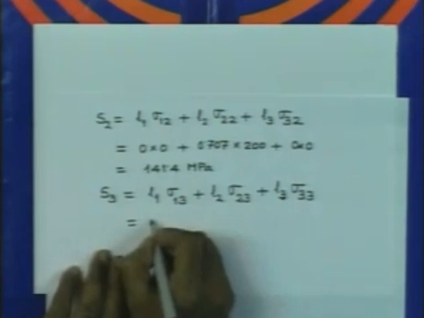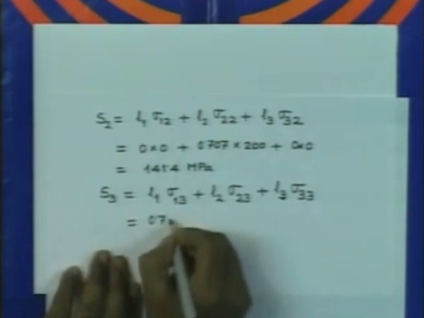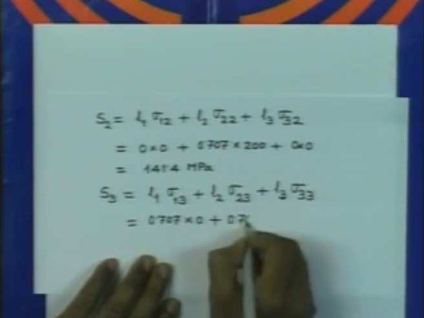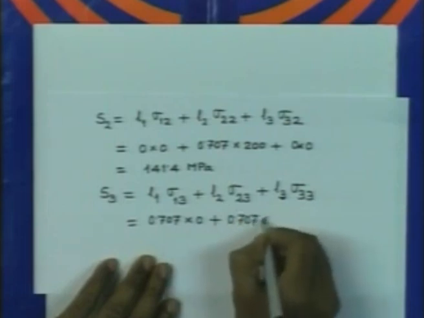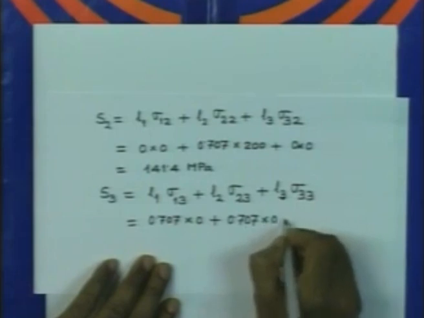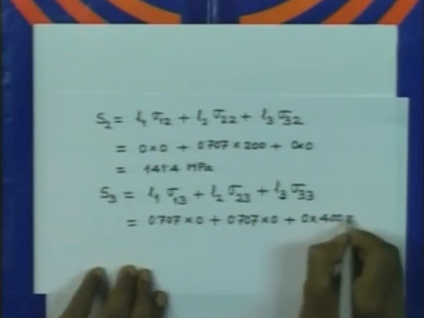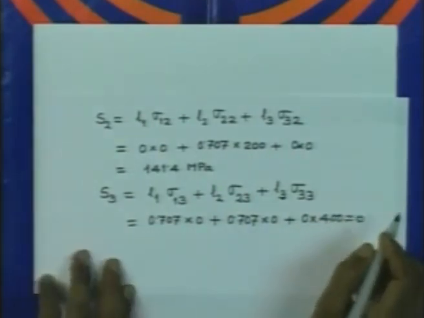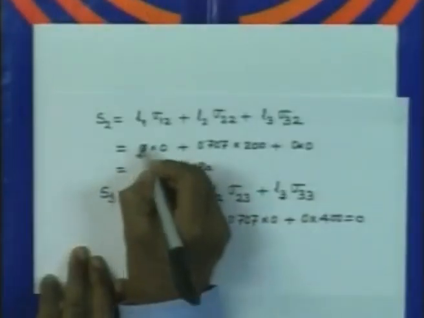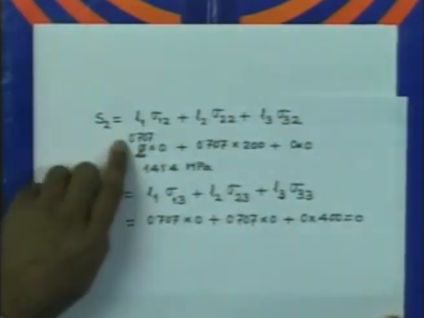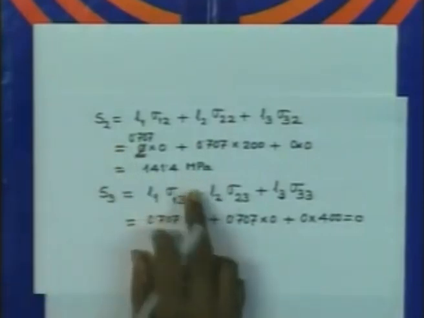Here L1 is 0.707, sigma 13 is 0, this is 0, and this is 0 multiplied by 400. So therefore this is 0. Please note that this value should not be 0, it should be 0.707. So this amendment you can note, but the value of S2 does not change.